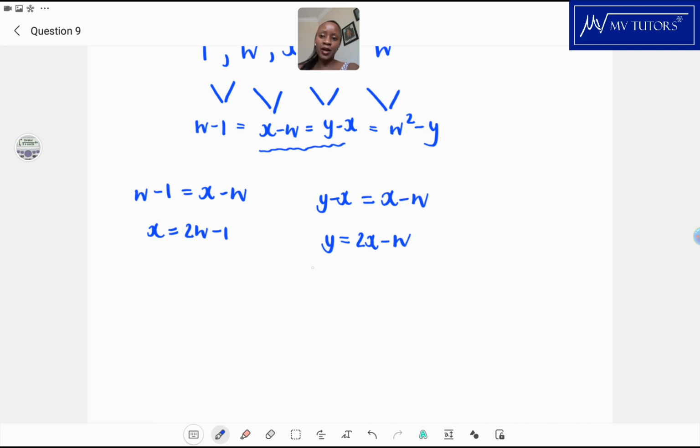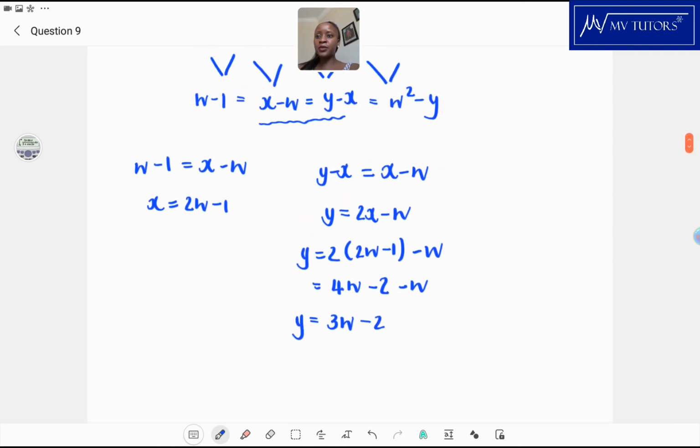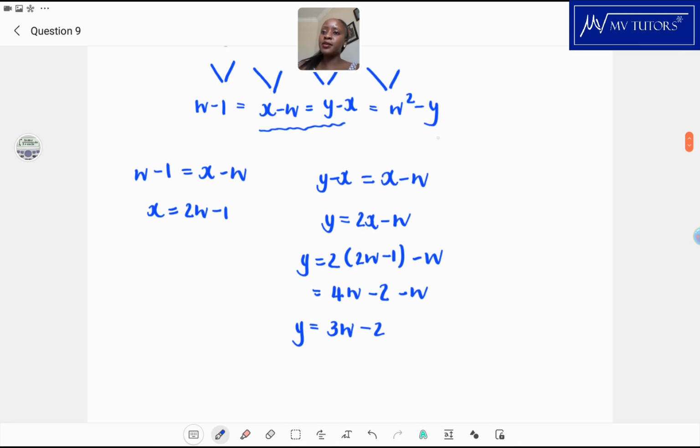So I'm going to write y in terms of w by substituting the value of x. So then y is equal to 2 times 2w minus 1 minus w. So then I have 4w minus 2 minus w. It will be 3w minus 2. So I have y in terms of w. Then I can do the last, equate the last. So I started with this, then the middle, and then now the last.